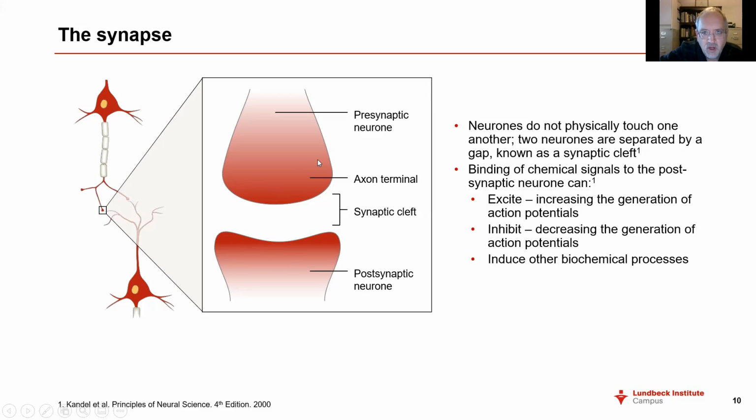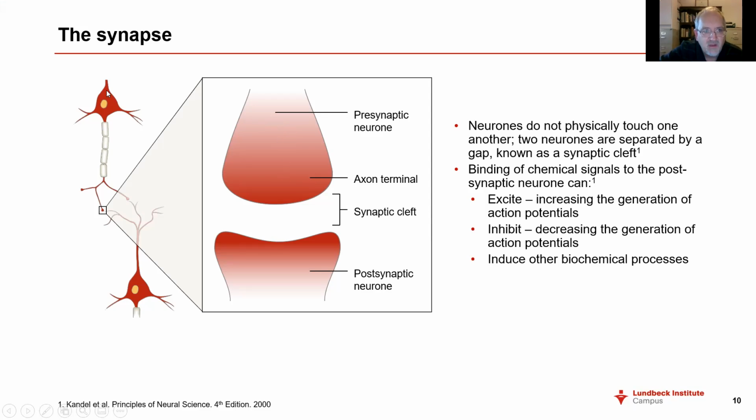So you've got the axon terminal, and there are two terms for it. The one in the back is called the presynaptic neuron, and the one in the front is called the postsynaptic neuron. A couple things can happen when the chemical message comes across.